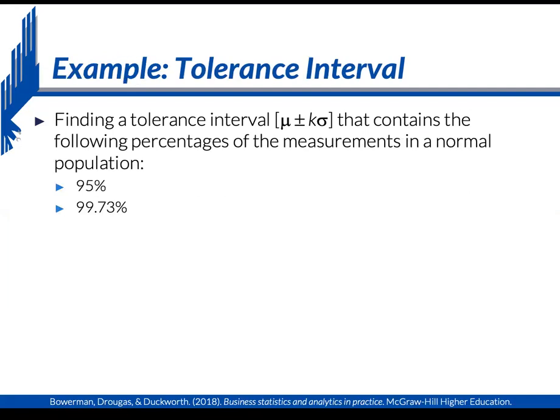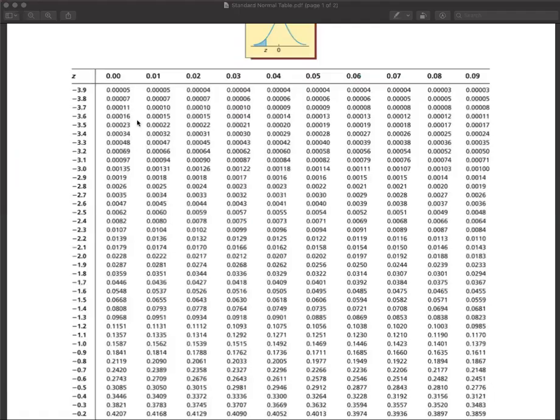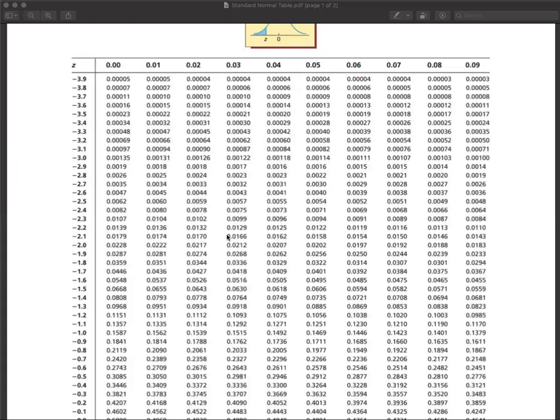Now we can also try to look for tolerance intervals involving other percentages. So we can try 95%. So here, instead of 99%, if the middle percentage is 95%, it means that the total area for the two other sides must be 5%. And if you split that into 2, this should be 0.025, and this is 0.025 as well. So like what we did earlier, look for 0.025 in the standard normal table.